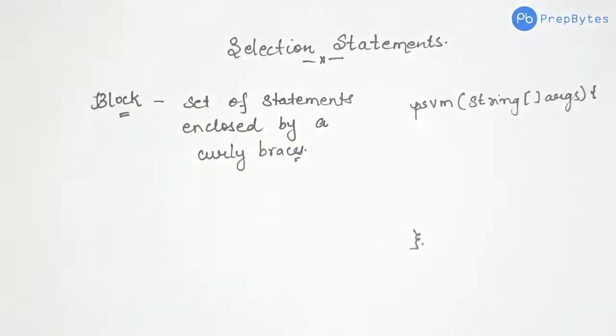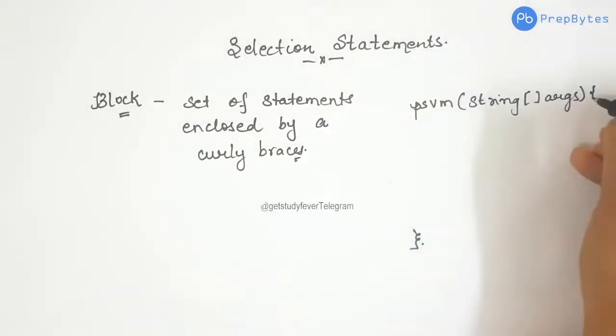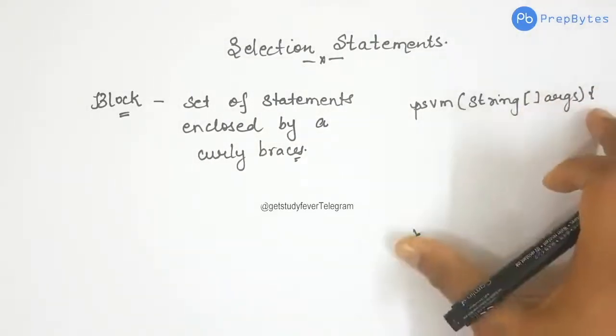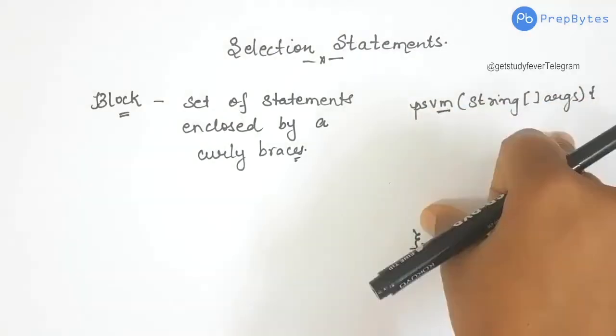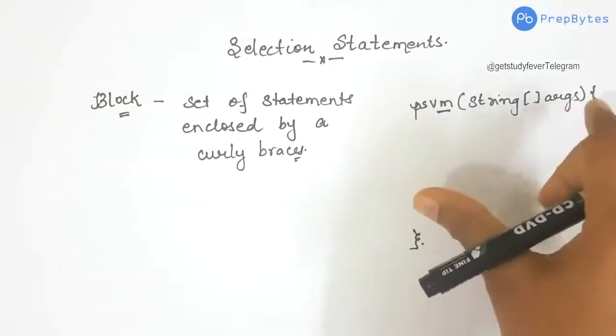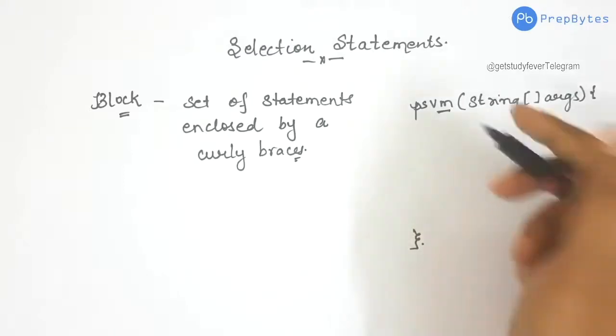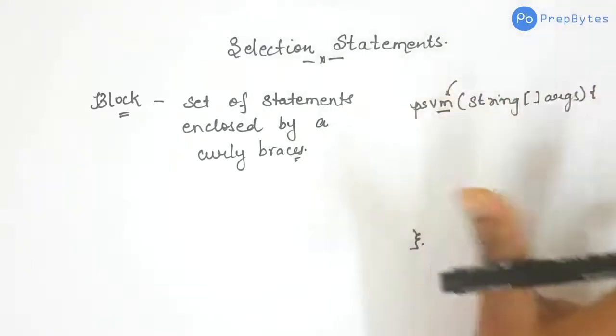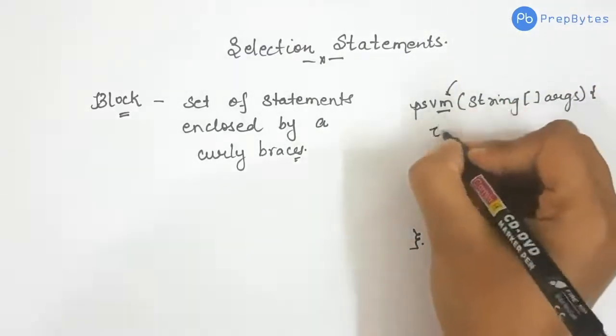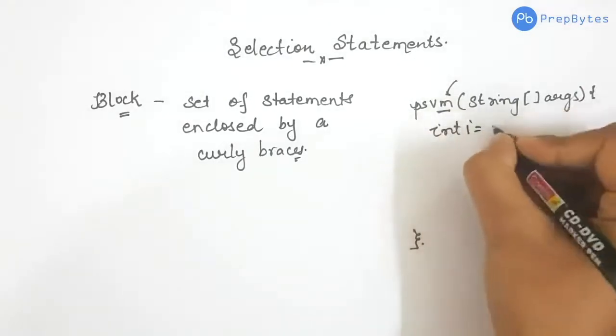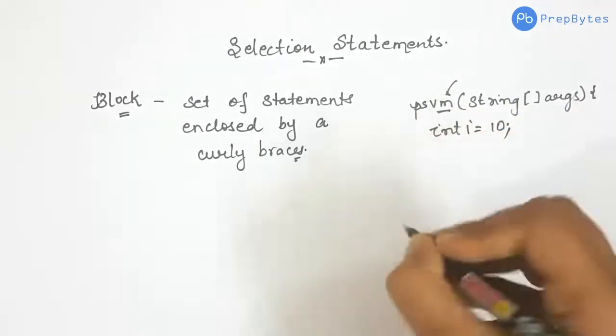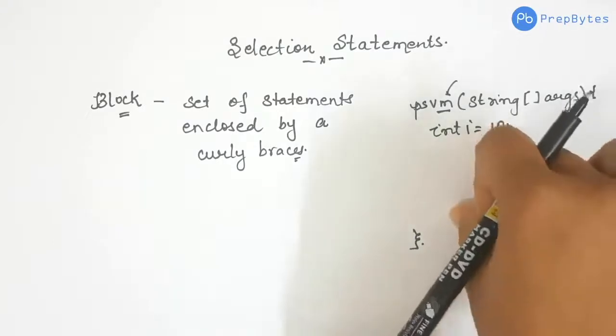Let's try to see the use case of a block. One use case is that if this is a block for the main function, whatever statement comes inside this block will get executed whenever main gets executed. Let's say I have an integer here, int i equal to 10. Now let's say I have one more block inside that.